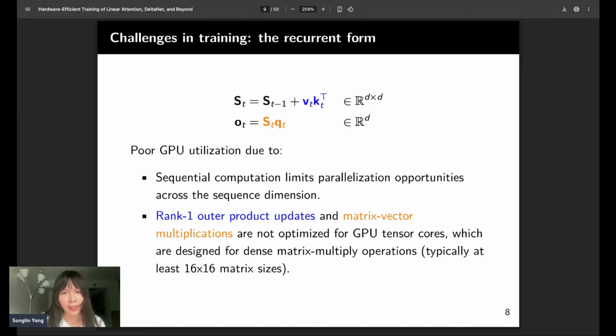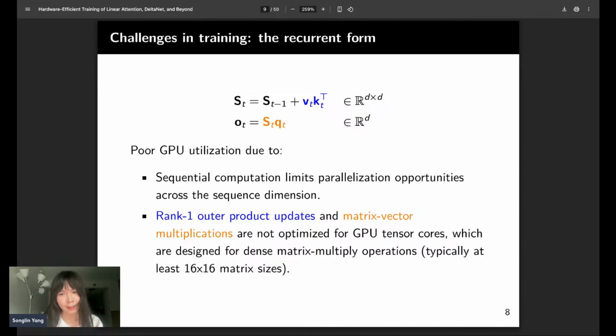The recurrent form is also problematic, for several reasons. The first reason is that in the recurrent form, we have to do this sequential recurrence, which limits the parallelism across the sequence length dimension. Secondly, for this recurrent state update, we only involve a rank 1 outer product update.